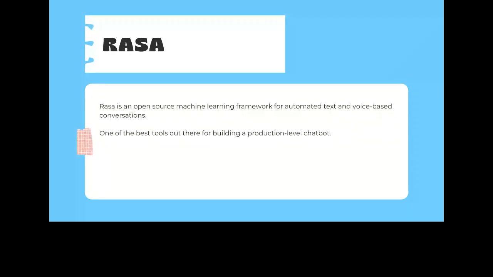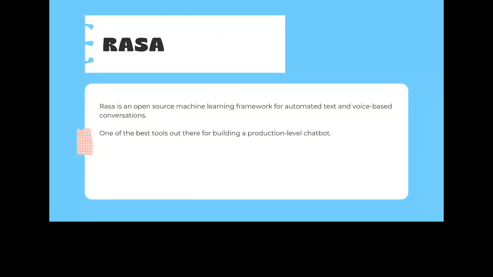And a doubt can come: okay, what about if we do it directly from scratch, and what is the difference with Rasa? I'm not that much of a machine learning geek, but as far as I know, if I have to build a bot, I would definitely go for a framework that provides all these things.